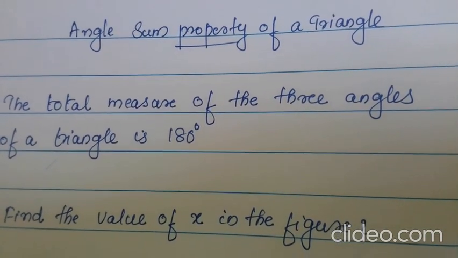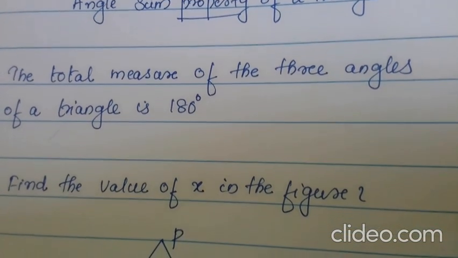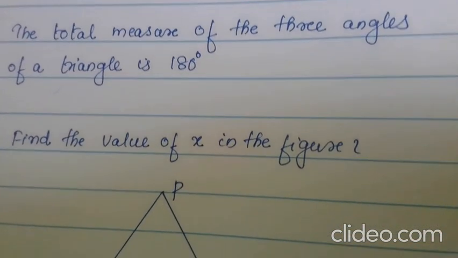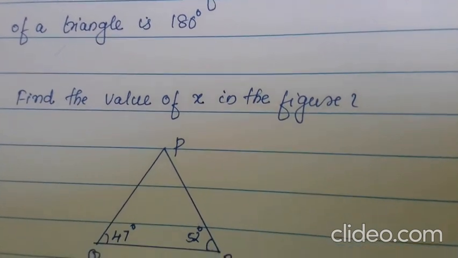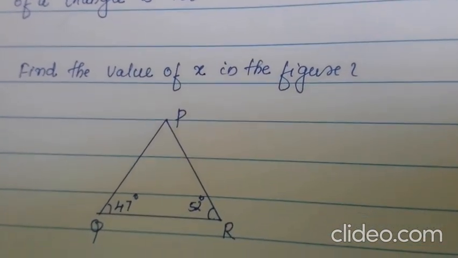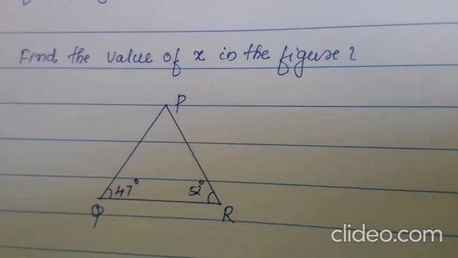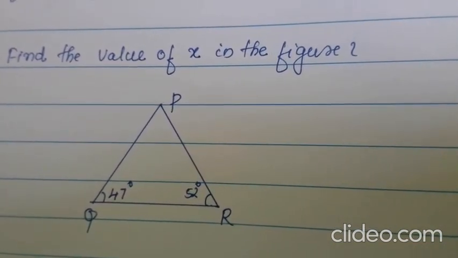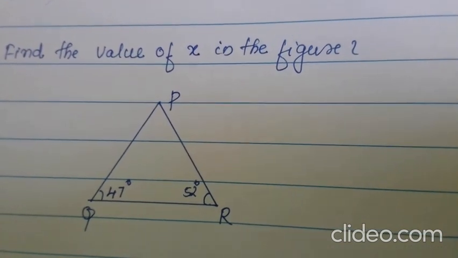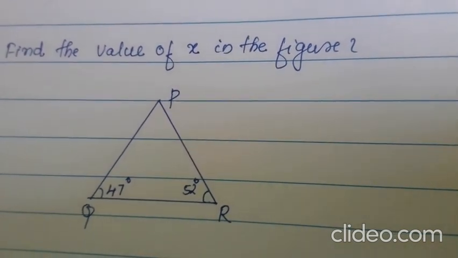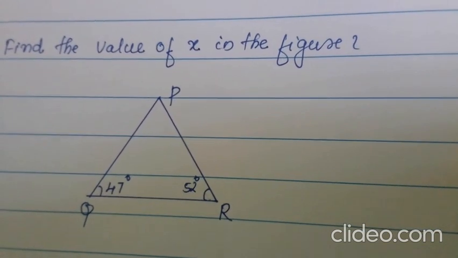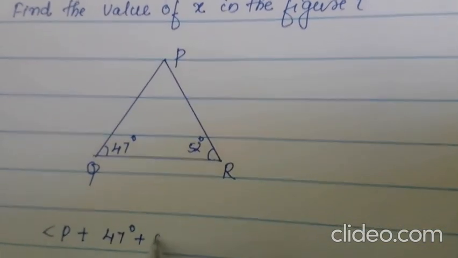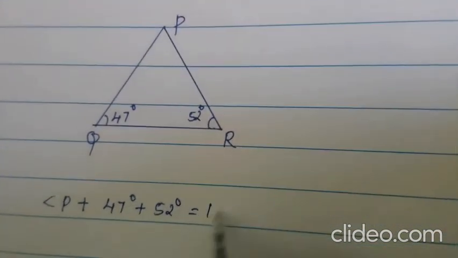Look at the figure PQR. They are given over here two angles. Angle Q is 47 degree and angle R is 52 degree. How to find the value of x? We already know the sum of the total measure of the three angles of the triangle is 180 degree. So what we will do? Angle P plus 47 degree plus 52 degree is equal to 180 degree.